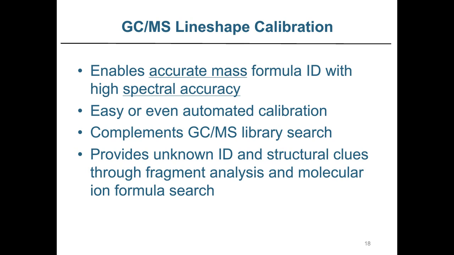You can even use it as a filter, using the accurate mass capabilities to eliminate a long list of library search hits. It can also provide unknown ID and structural clues because the fragments are calibrated as well. So if it's truly an unknown and it's not in the library, we can utilize this information to help work us back to what the actual structure might be.